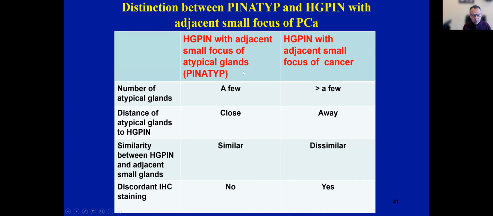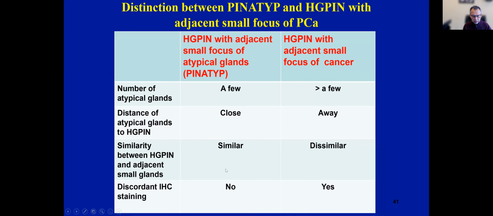So distinguishing PIN-atyp from, in fact, high-grade PIN with an adjacent small focus of cancer can be pretty challenging. It may depend on the number of atypical glands, whether you are dealing with a few glands versus numerous glands, the distance from the high-grade PIN gland, whether they look similar to high-grade PIN glands or look dissimilar, and then whether you have any discordant immunohistochemical staining, meaning the high-grade PIN is staining with basal cells while the small glandular proliferation is entirely lacking basal cells.